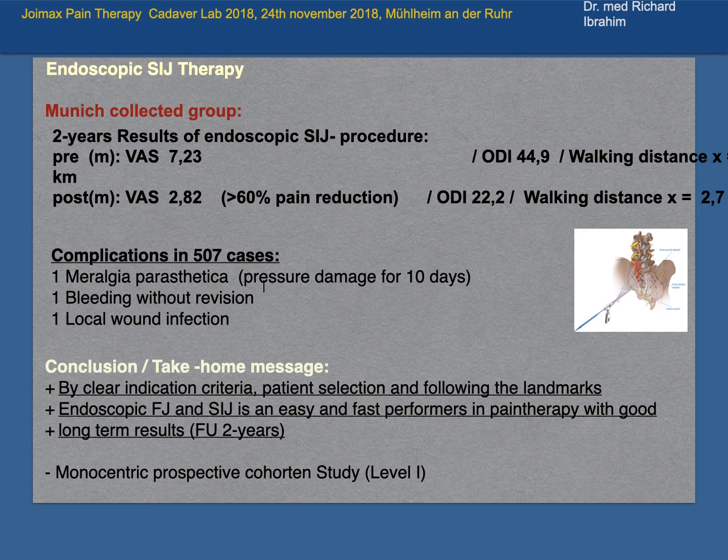But for the take-home message: with clear indications and clear patient selection, following the landmarks, we will do this also in workshops, you must have contact to the bone structures. If you don't have contact, you should start again. It is an easy and fast performed treatment in pain therapy with good long-term results at 2 years.